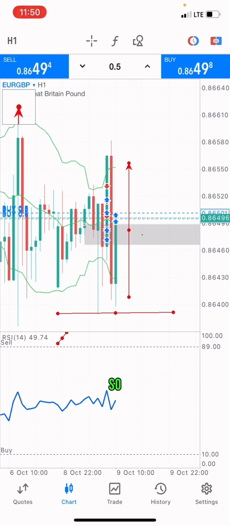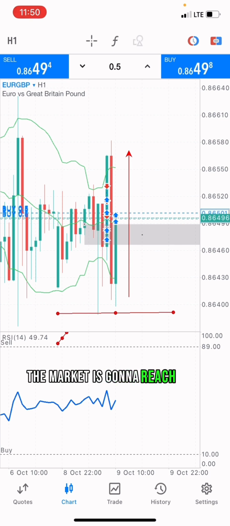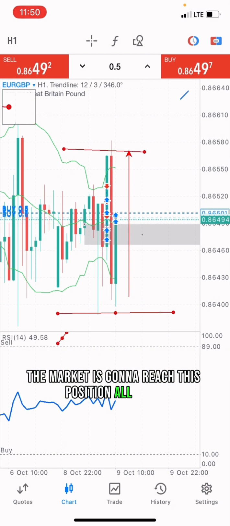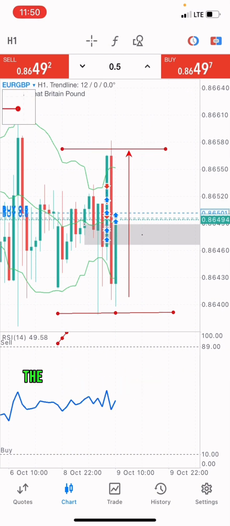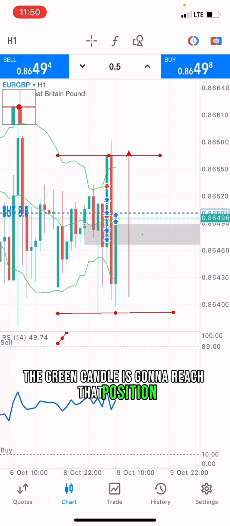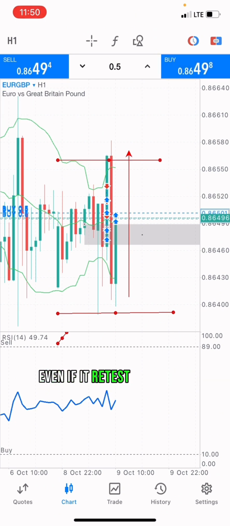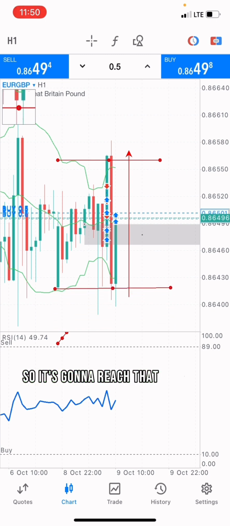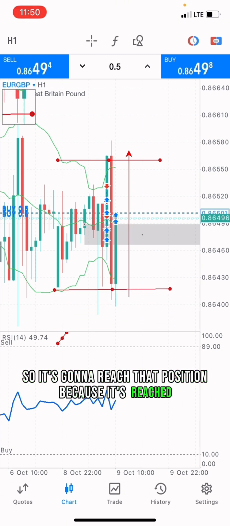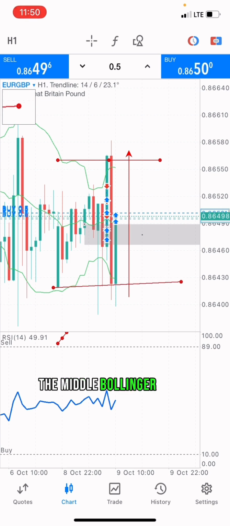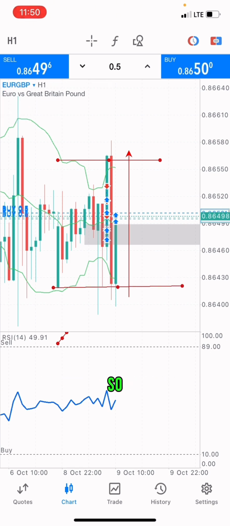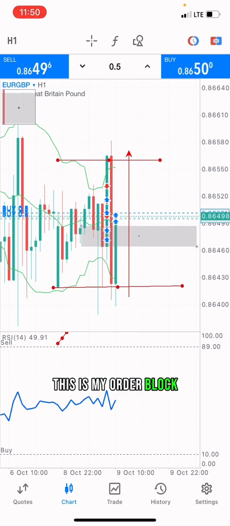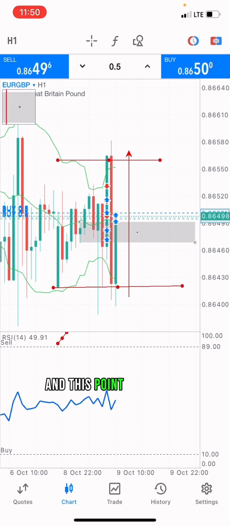At this point, the market is going to reach this position. You can see the green candle is going to reach that position. Even if it retests, it's going to create another buy, so it's going to reach that position because it's reached the middle Bollinger bands. This is my order block at this point right here.